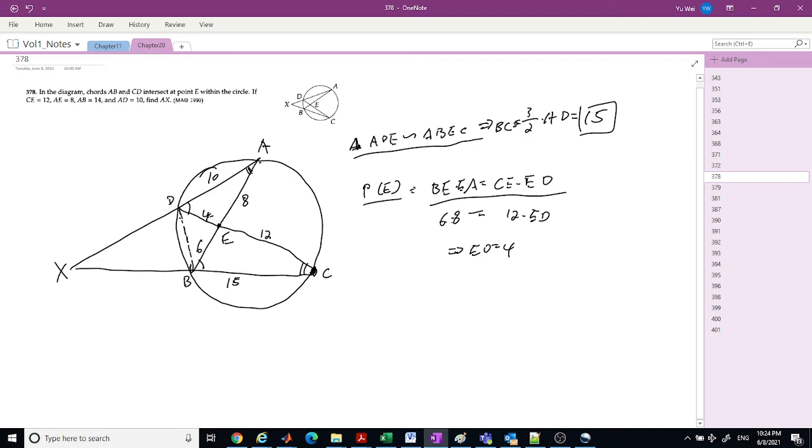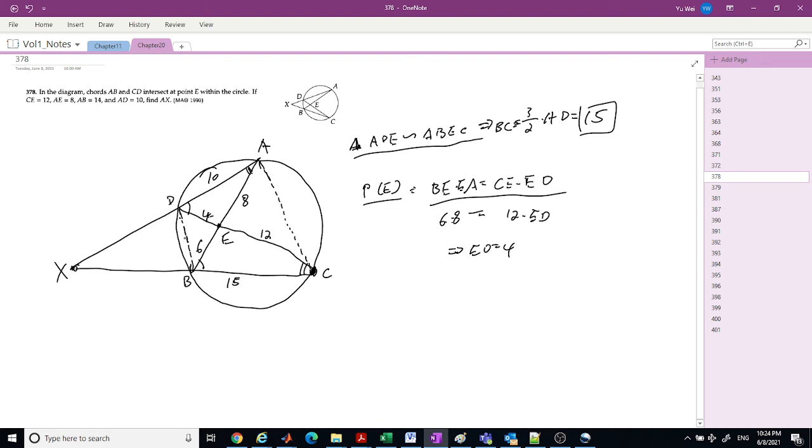Okay, so if we want to solve the AX, now let's see, do we have some other similarities? Okay, so the AX is equal to AD plus XD, right?